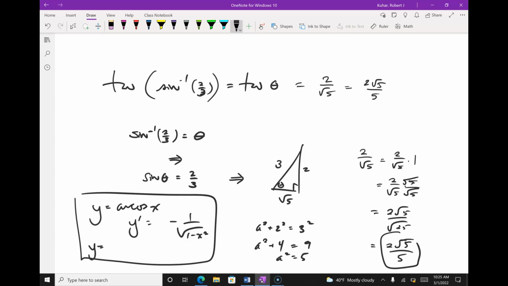And so, of course, our real version is y equals arc cos of u gives me y prime equals negative u prime over square root of 1 minus u squared. Just you got it upside down, probably the triangle, or just misreading the triangle.